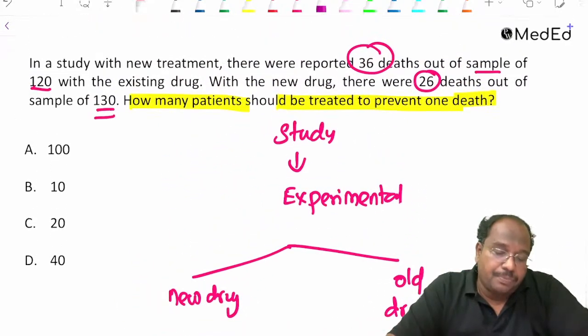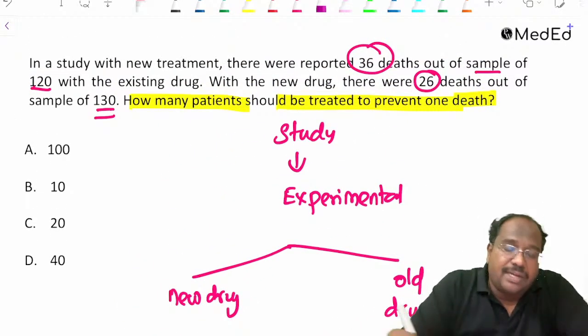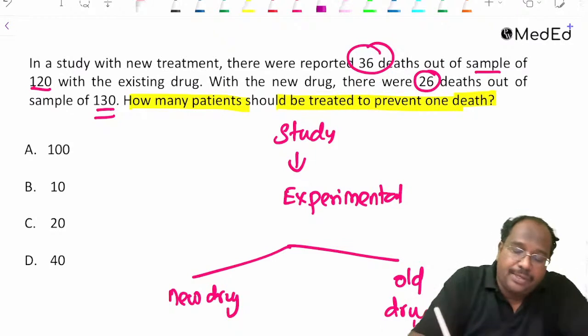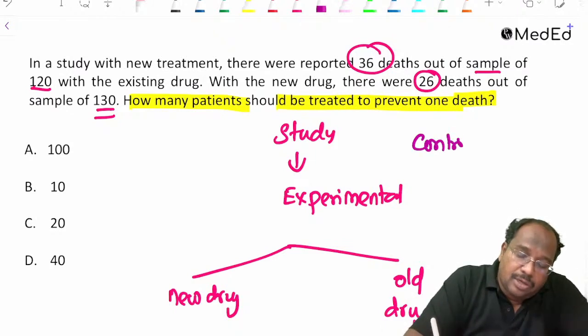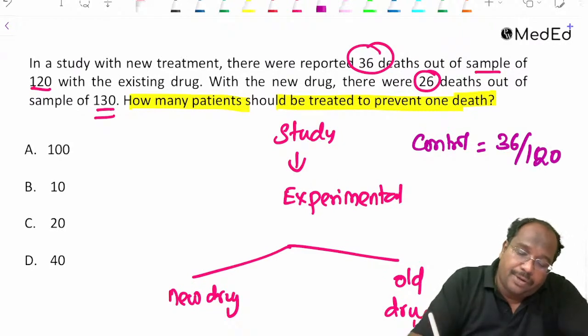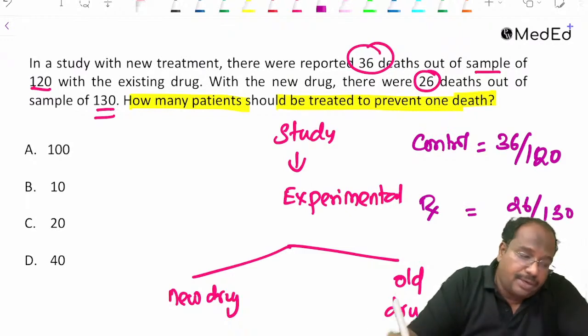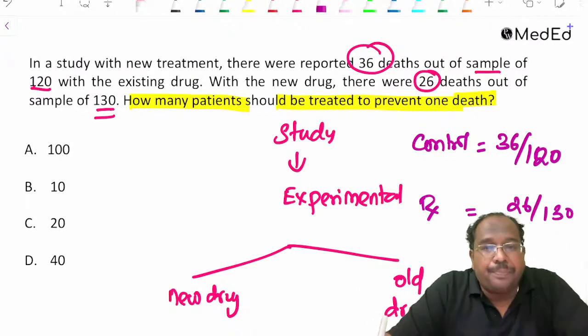Look here, the question. In the control group, there were 36 deaths out of 120, so control is 36 by 120, and the new drug treatment is 26 by 130. Now they're asking NNT.